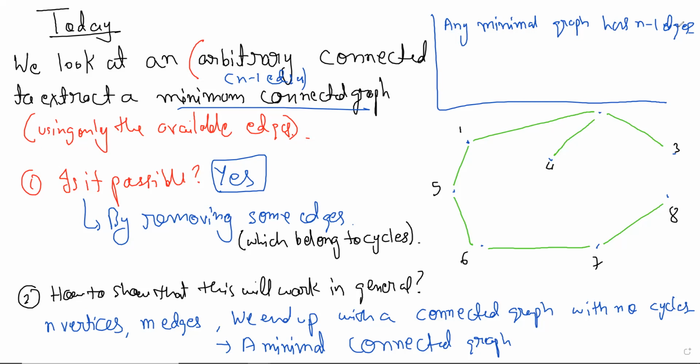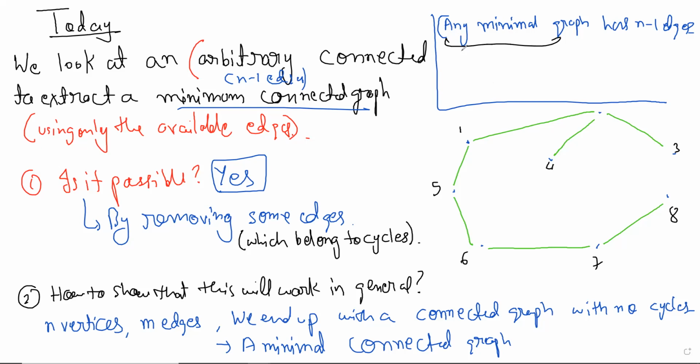Think about the proof if you don't remember it. It's not difficult. You have to basically show that when you start with n points and you try to add edges, this is the same as a maximal graph with no cycles. You try to add edges so you don't make any cycles, then that algorithm will terminate in exactly n minus 1 steps.